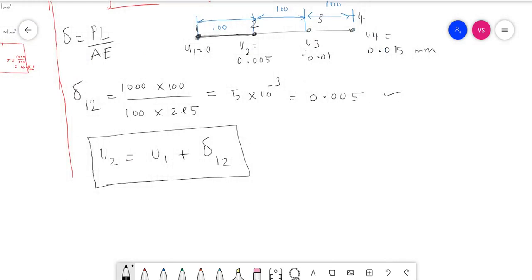Now similarly, if I want to find the change in length of the entire bar, so that means I want to find the change in length between the entire bar, this delta 1 4. If you use the theory, then you'll have P force is 1000, and length, now I am considering the whole bar. So this is using theory, by the way.